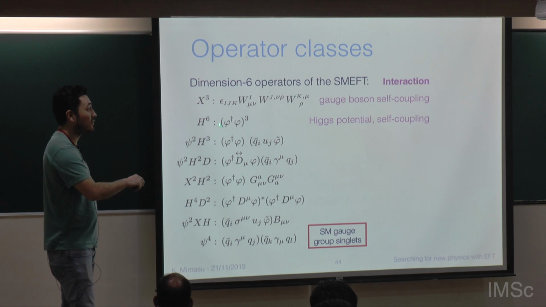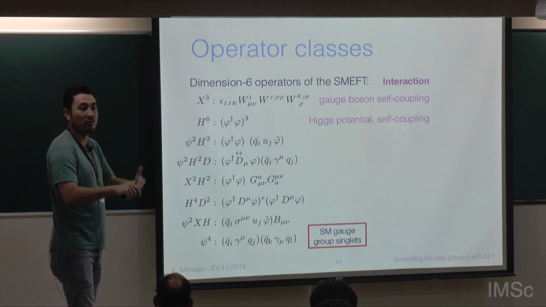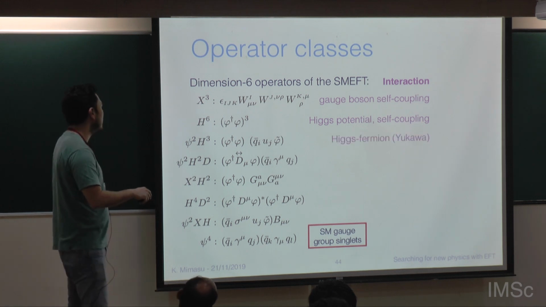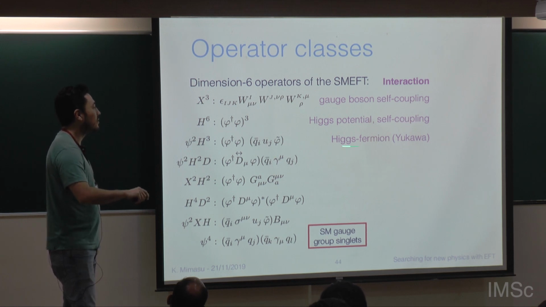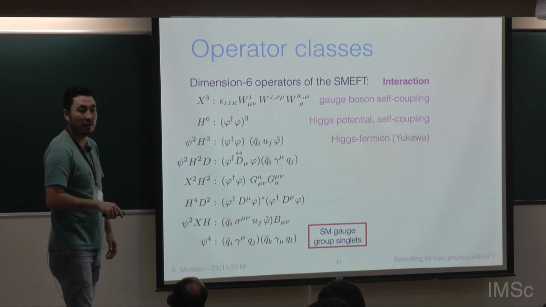This is just a whole bunch of Higgs fields, so this is surely going to affect the Higgs potential, the self-coupling of the Higgs. This is essentially a standard model Yukawa term multiplied by this singlet phi dagger phi, so that's somehow going to affect the Higgs fermion interaction.